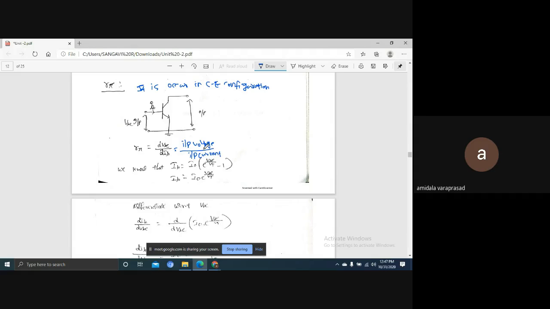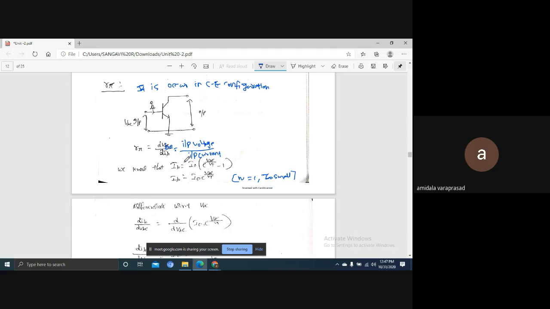Means R pi is the input resistance at the input junction. We know that R pi is equal to dVBE by dIB. IB is nothing but the direct current equation: IB is equal to I naught into e power VBE by VT minus 1. Here also eta is equal to 1 and I naught is small.